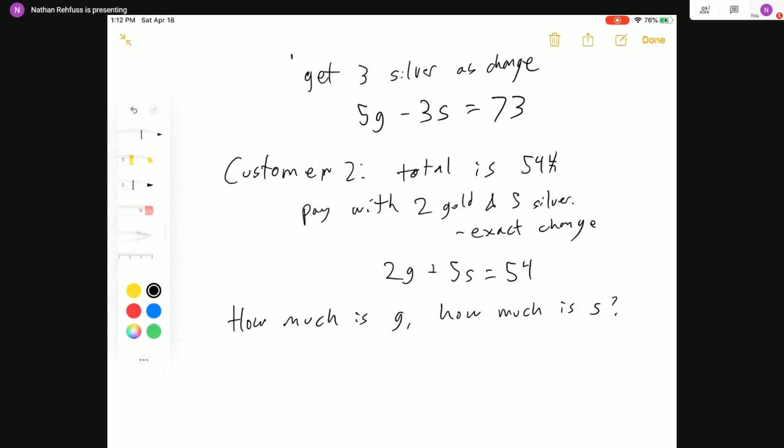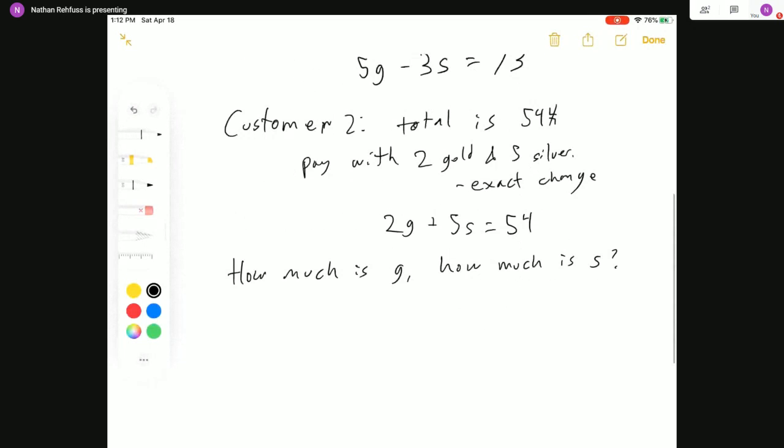Now, the good news is we have exactly enough information to solve this problem. So I can write here, instead of G and S, I'm going to write X and Y. That's typically how we're going to write these. So instead of 2G plus 5S is 54, I'll write 2x plus 5y is 54. And these are the same variables as the Cartesian plane for a reason. I'll explain why in a moment.